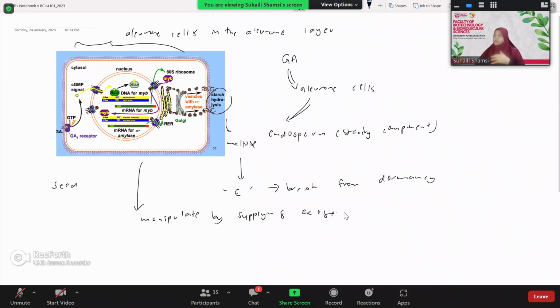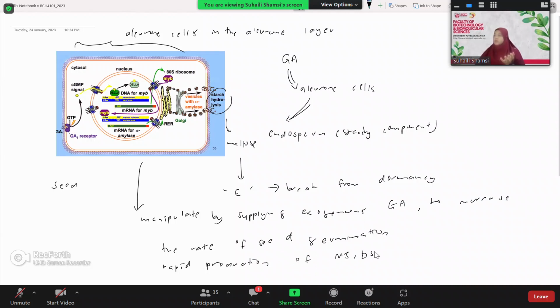And industry manipulates this by supplying exogenous GA to increase the rate of seed germination, and a rapid production of carbohydrates, monosaccharides or disaccharides, all right?